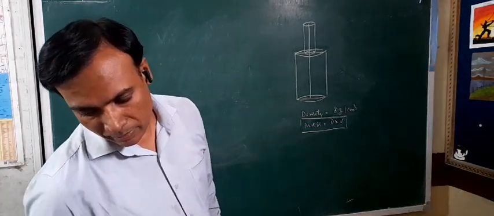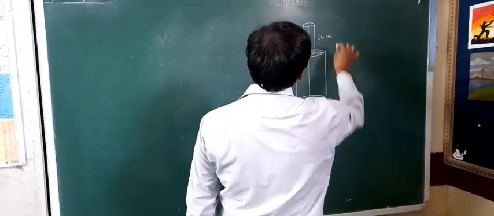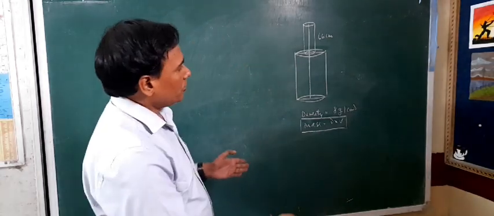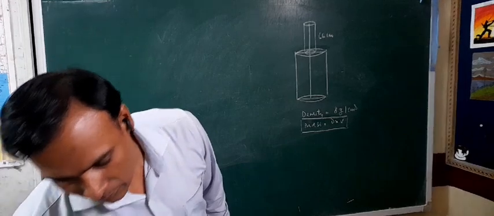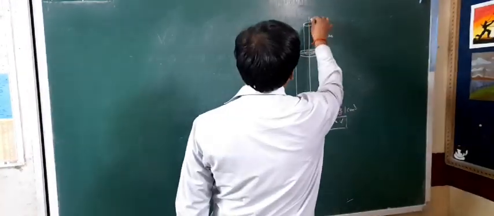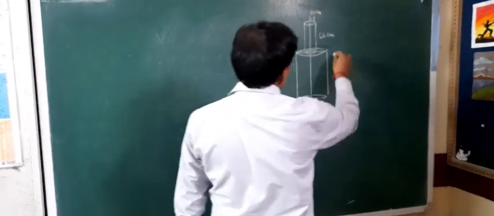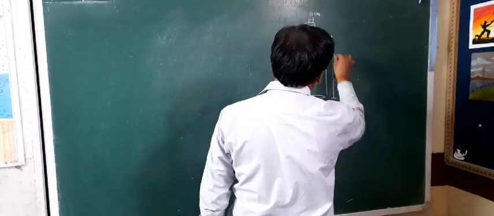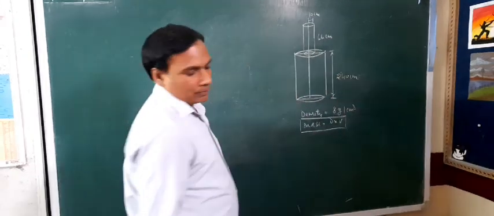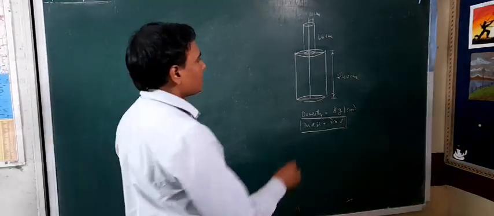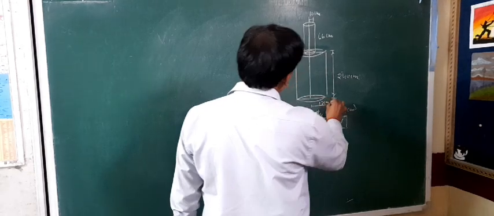As per the question, the height of the cylinder surmounted on the base of the broader iron pole is 66 centimeters, and its radius is 10 centimeters. This part's height is 240 centimeters, and its radius is 13 centimeters. These are the dimensions given here.